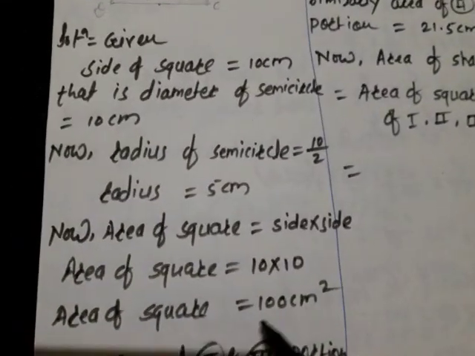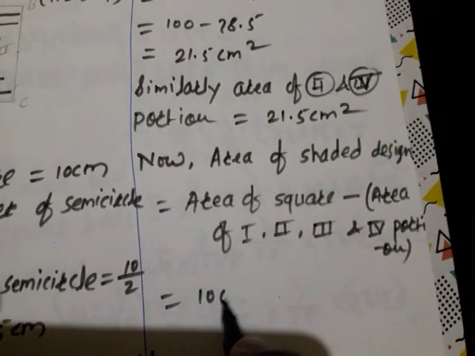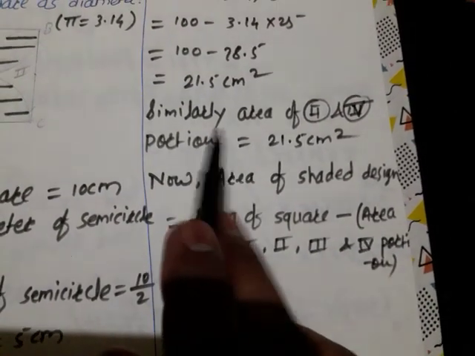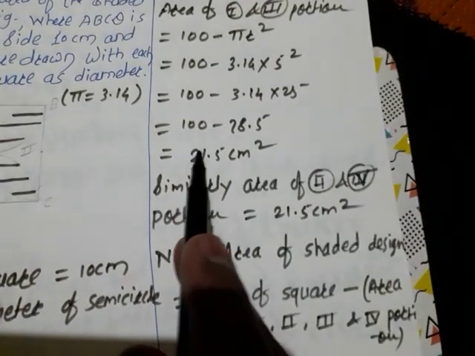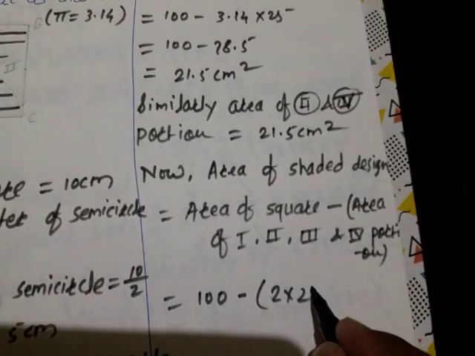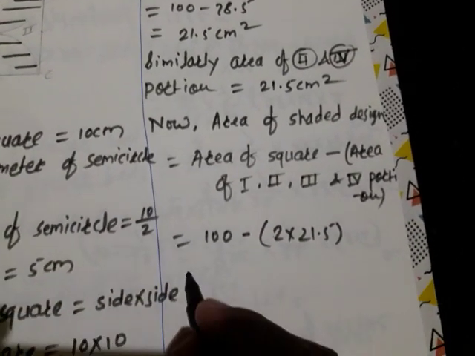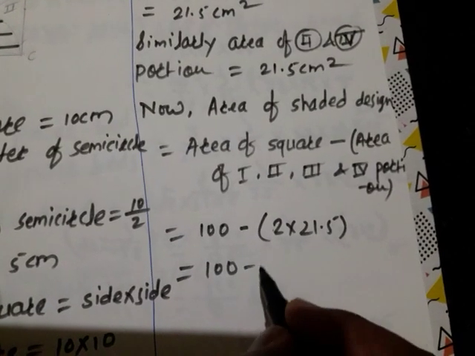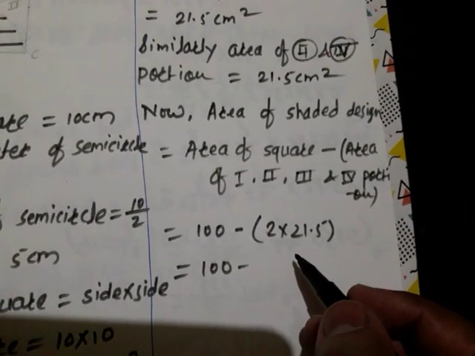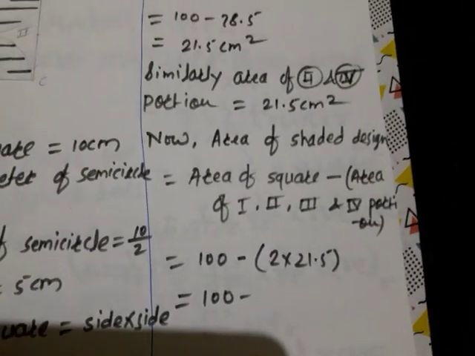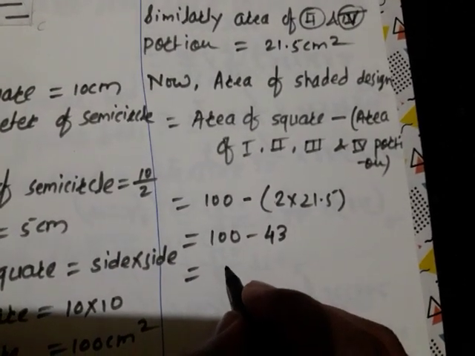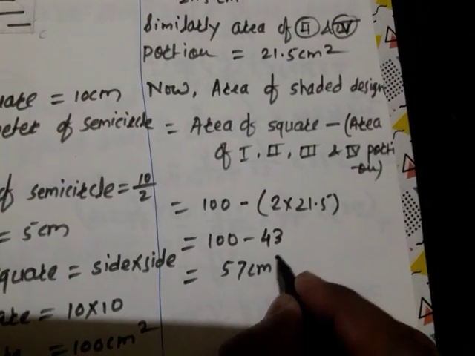We got here already, area of square 100. 100 minus, in the bracket, 1, 2, 3, 4. First and third area 21.5, second and fourth 21.5, means 2 times 21.5. 100 minus 2 into 21.5. What will be the answer? 43. 100 minus 43, we will get here the answer 57 centimeter square.